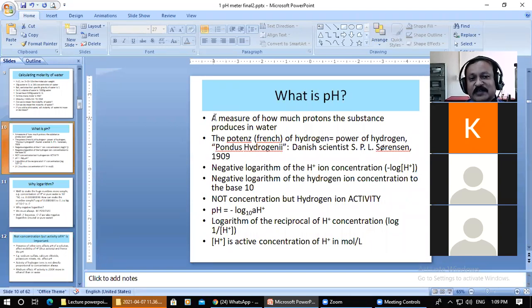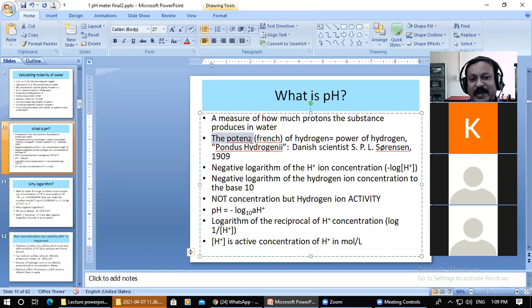And therefore pH is a measure of the active protons. The word potens is actually a French word, the potens of hydrogen or the power of hydrogen. This particular word, pondus hydrogenii, was given by a Danish scientist by the name S.P.L. Sorensen. Have you heard this name, Sorensen?